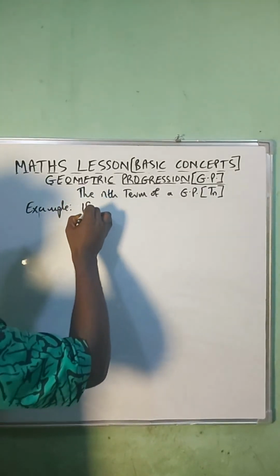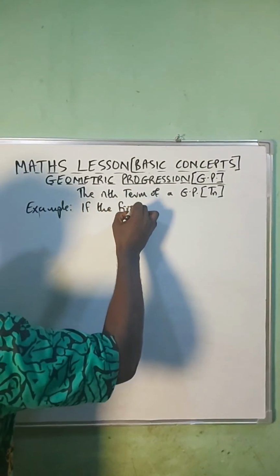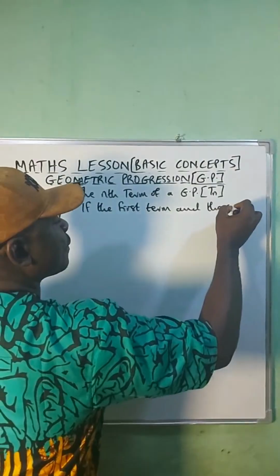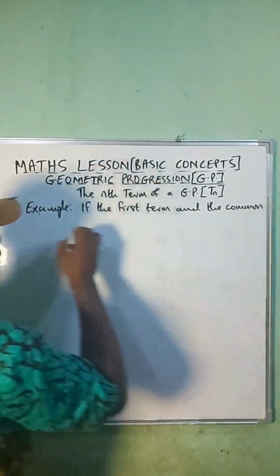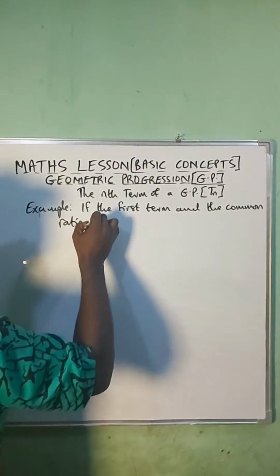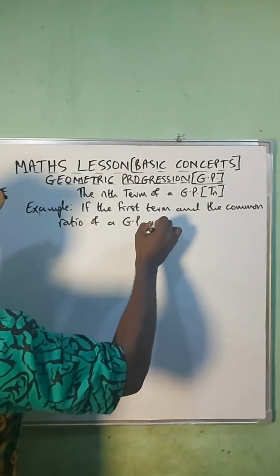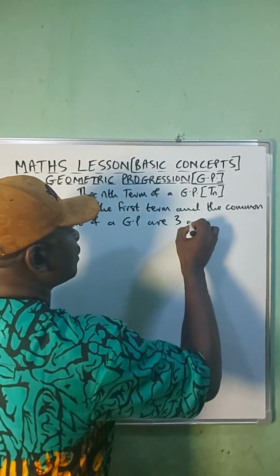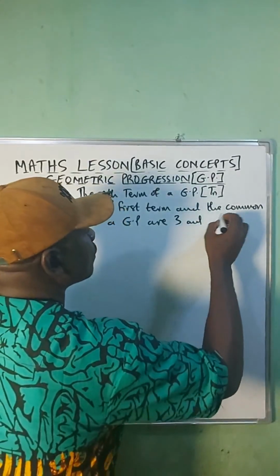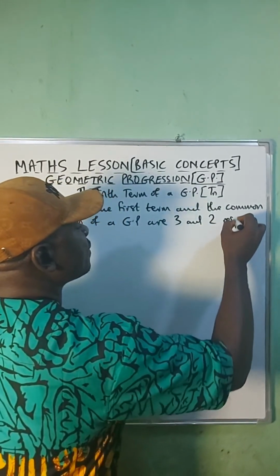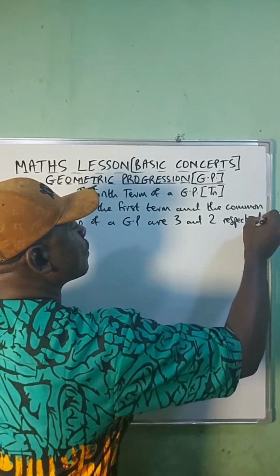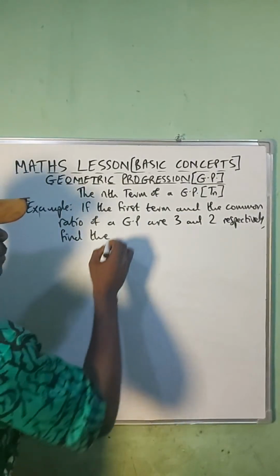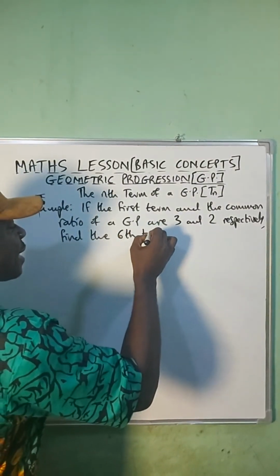For example, if the first term and the common ratio of a GP are 3 and 2 respectively, find the sixth term.